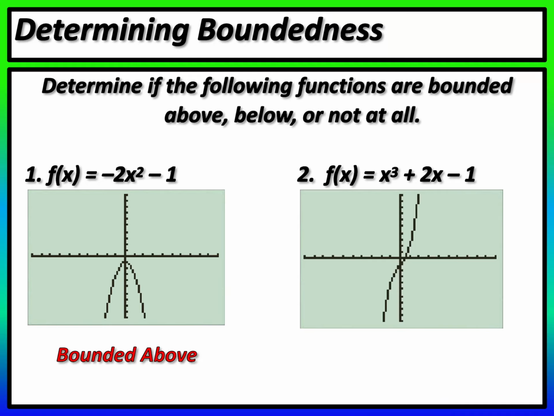So what would we say is our boundedness here? Is the graph able to point upwards? Is the graph able to point downwards? So in this case, we can go both directions, which means that this is not bounded.